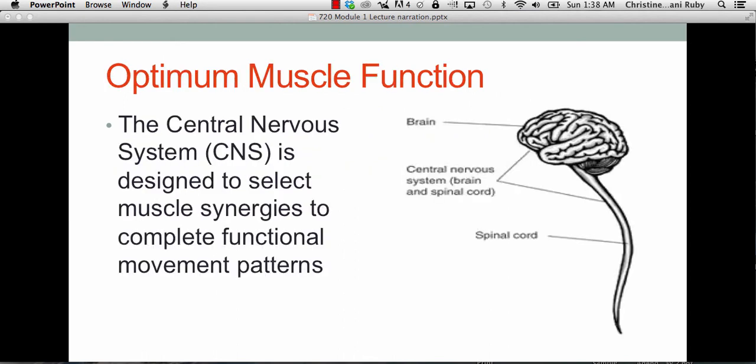We're looking for optimal muscle function, and this does require the central nervous system. The central nervous system is designed to select muscles that work together in synergies to complete functional movement patterns. The central nervous system is made up of the brain and the spinal cord, and throughout our lives we build programs of what movements our body does in a regular normal day. So for example, reaching forward with your arm to pick up an item.